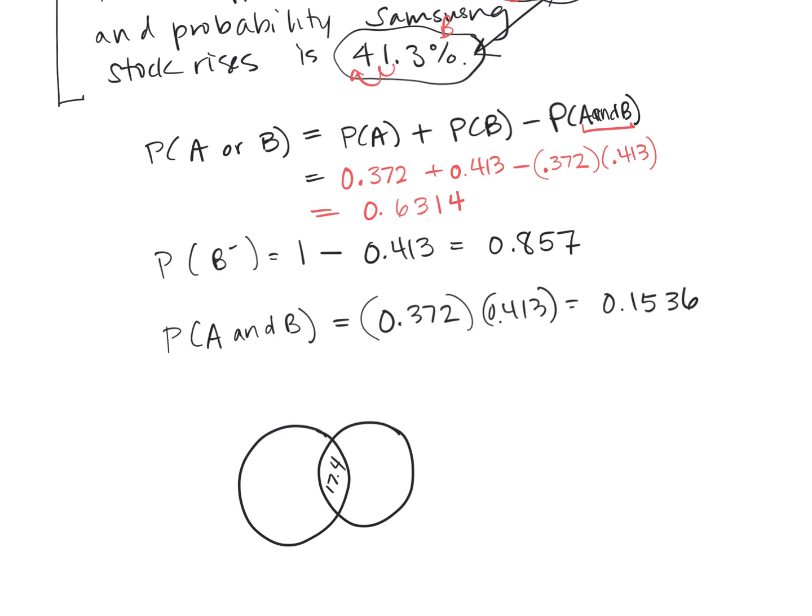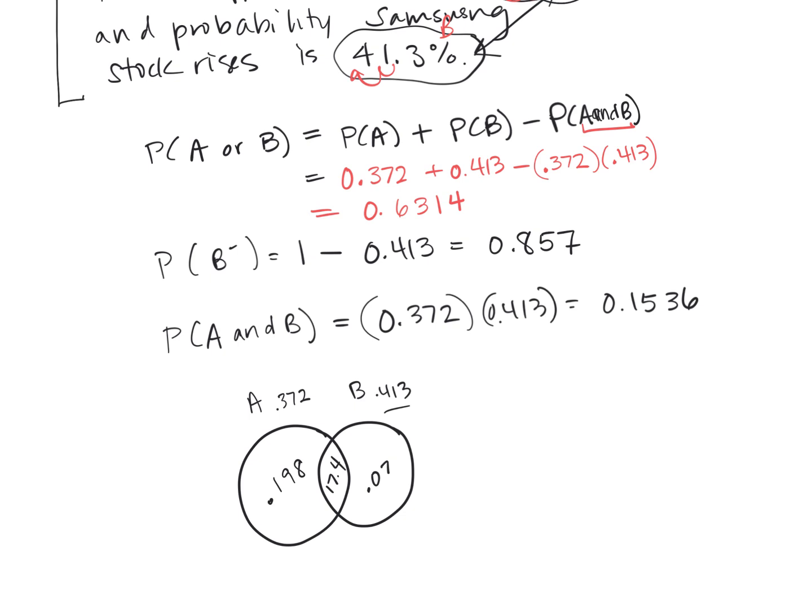We know the total for A is 0.372 and the total for B is 0.413, so I need to subtract off that intersection part. So 0.372 minus 0.174 gives us 0.198 here.